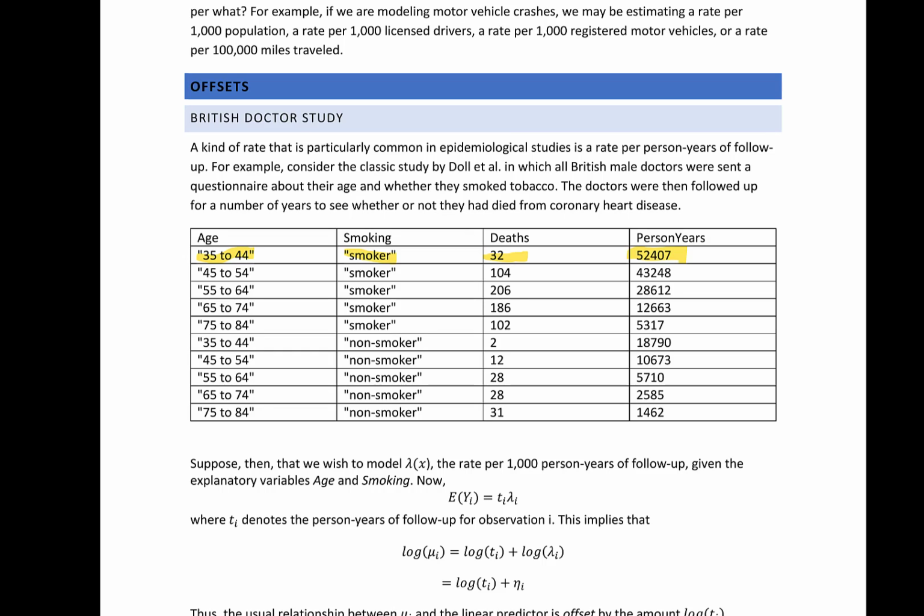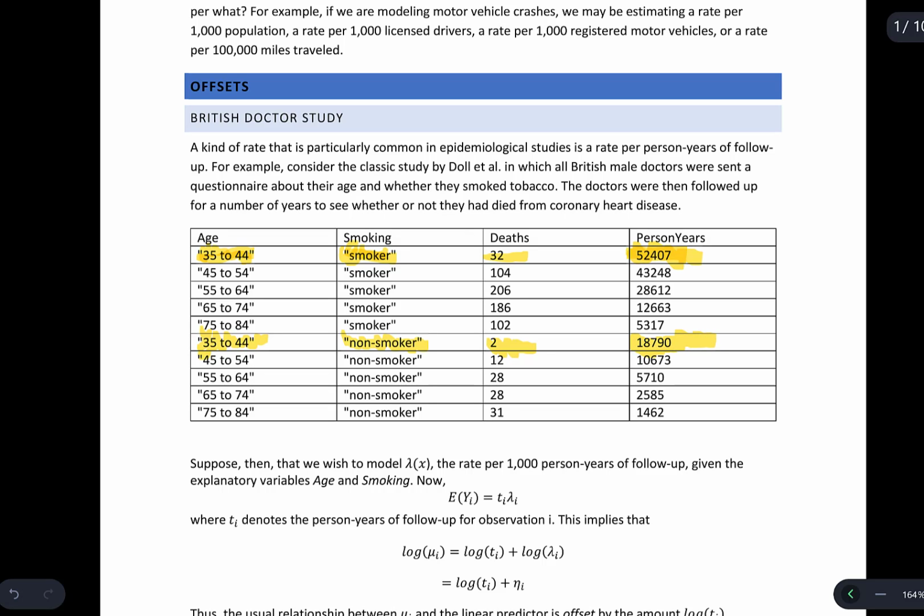Looking at age and smoker, for example, we have 35 to 44 and smoker, but also notice down here you have the corresponding non-smoker groups. In terms of deaths, we see a lot more deaths in the smoker group than the non-smoker, but of course we always need to account for out of actually how many.